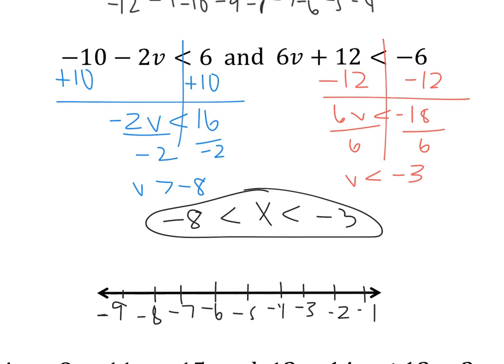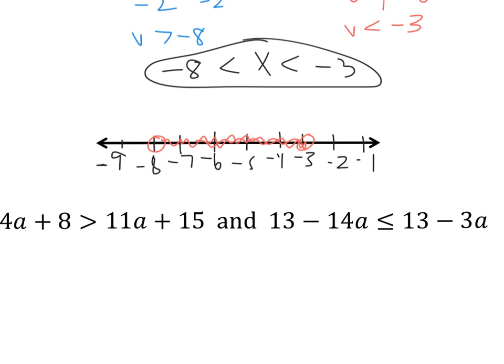I have an open circle at negative 8 and an open circle at negative 3, and then greater than negative 8 but less than negative 3, and there is an overlap there for that and statement. So we are done with that graph and that inequality. Let's move on to the next example.